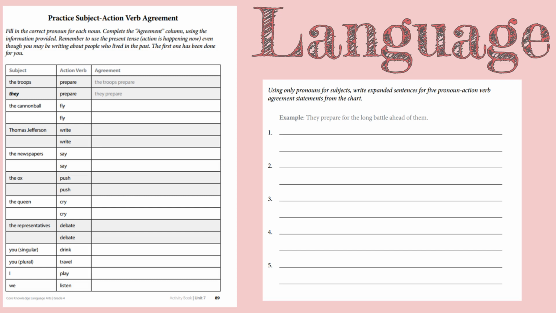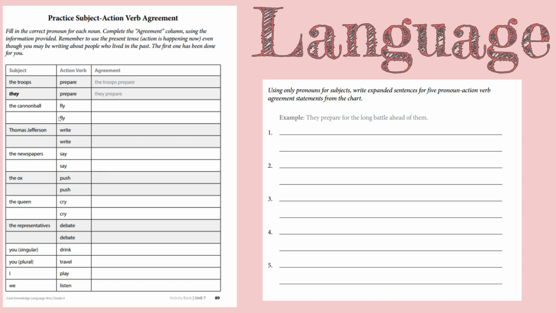All right, leaders, let's take a look at your chart. So the first two are done for us. The troops prepare, and that stays the same, because the action verb is already plural. They prepare. They is the plural pronoun for the troops, and prepare is already plural, so we're going to keep it they prepare.